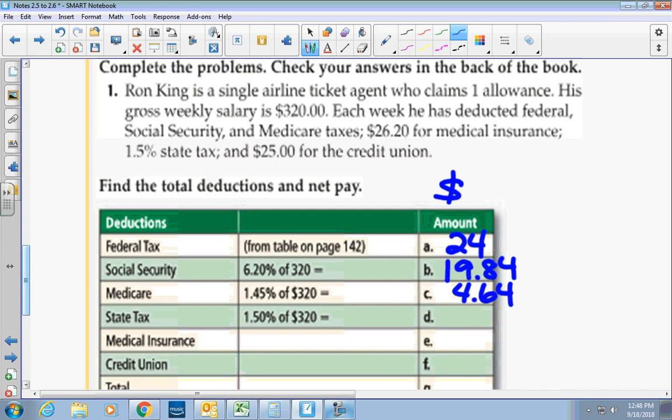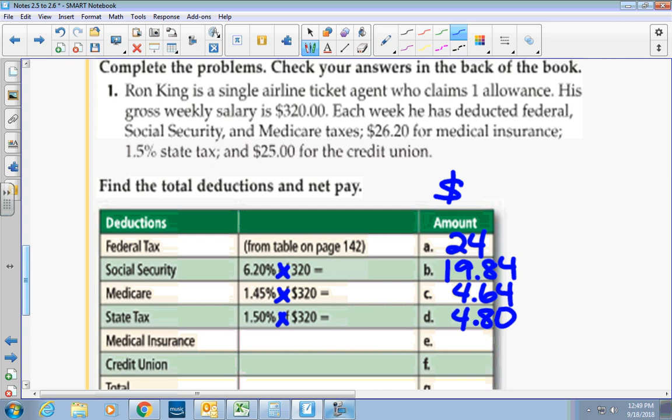It's going to be really close in numbers to the Medicare. So if you want to save yourself some work, just go ahead and over the percent sign, put a times. You get $4.80 for our state tax.